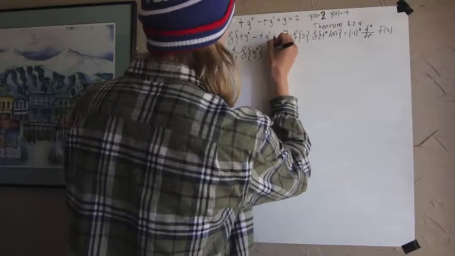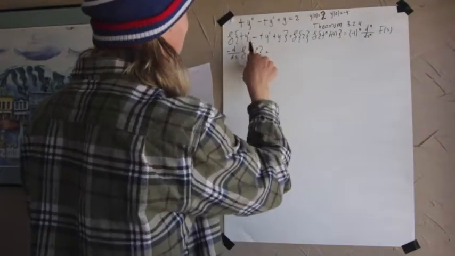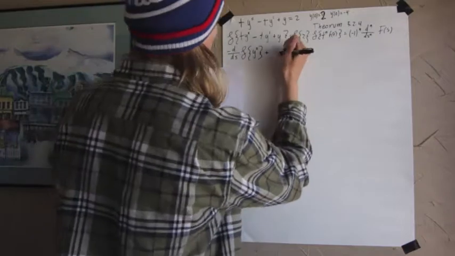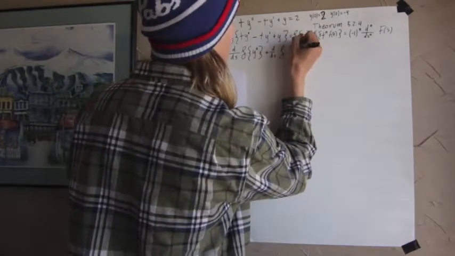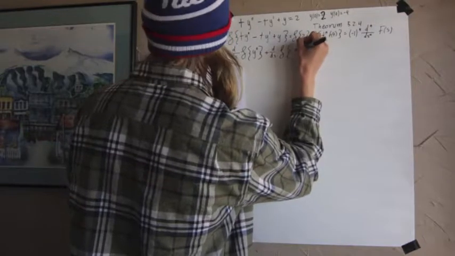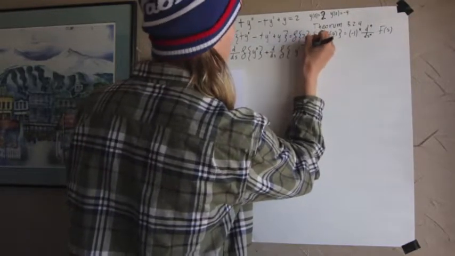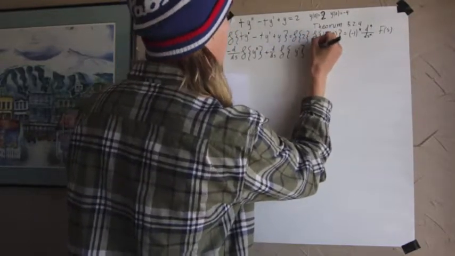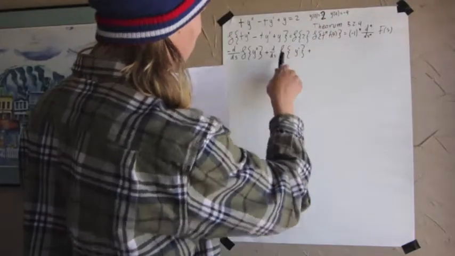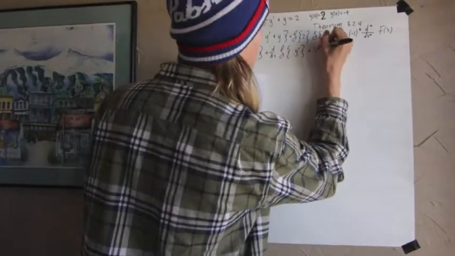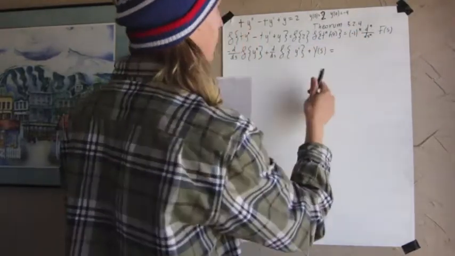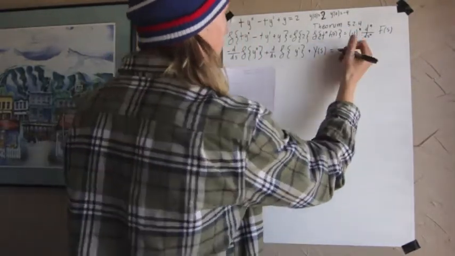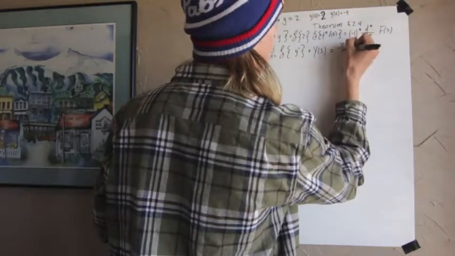And then it's going to be plus, because normally minus the negative here, plus d ds of the Laplace of just y prime, plus the derivative of y, which we know is capital Y of s. And this is going to equal the Laplace of 2, which is just going to be 2 over s.